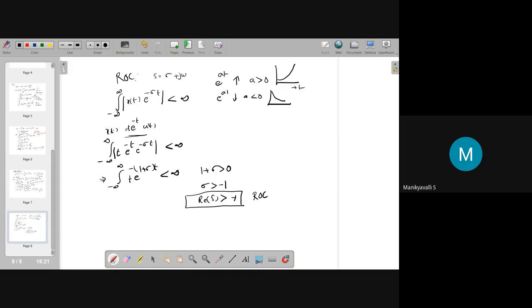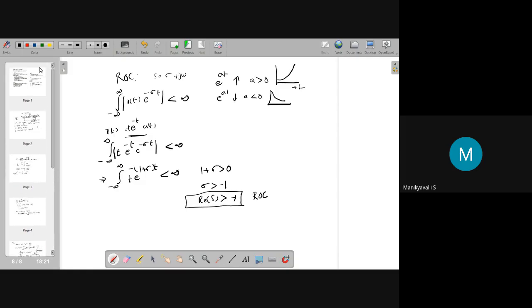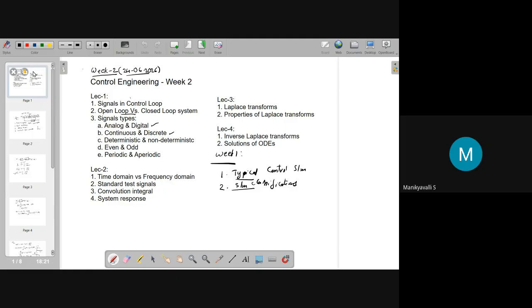Okay. So as of now, in this class, we have gone through signals. What are the typical signals, what is the difference between open loop and closed loop, time domain versus frequency domain, standard test signals, and convolution system response.